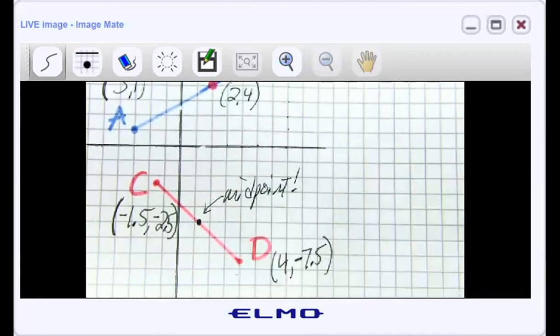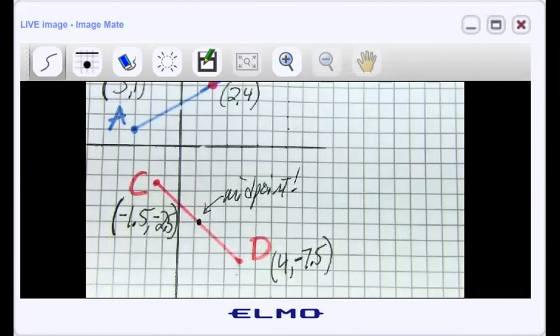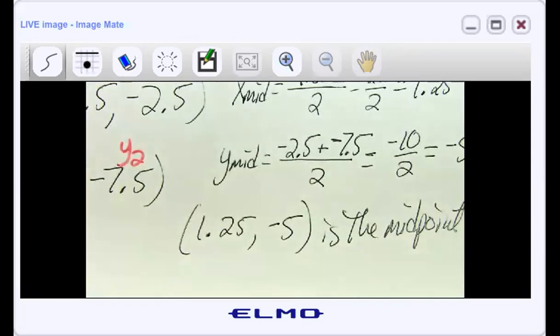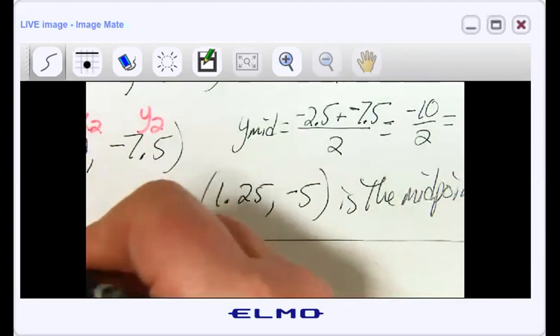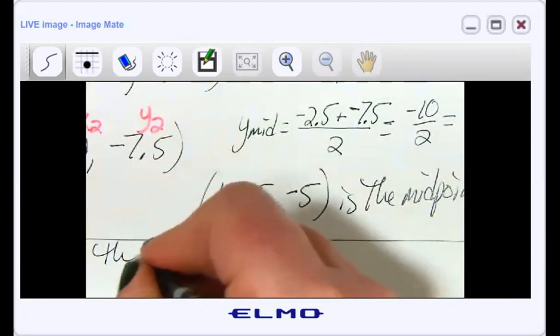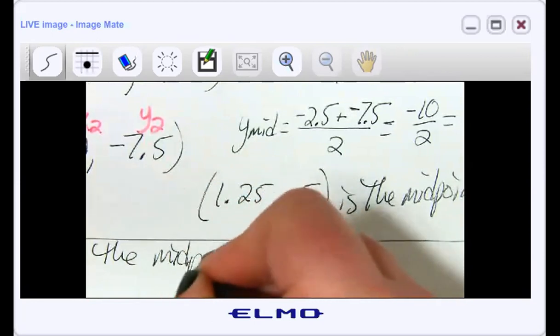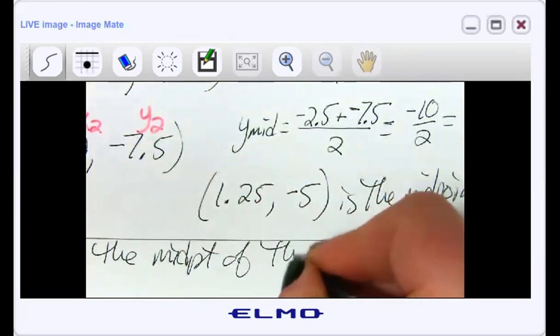All right, so I'm going to give you a few to try on your own. Let's see. I'm going to give you 3. And then we'll see how you do, okay? So let me find the midpoint of the following.